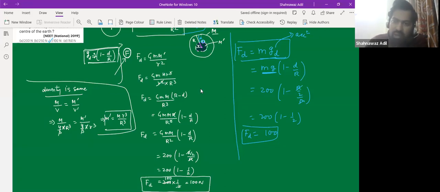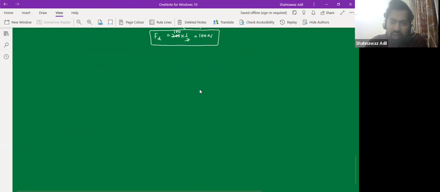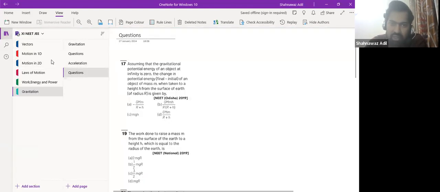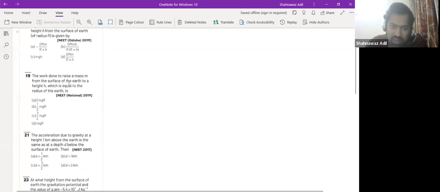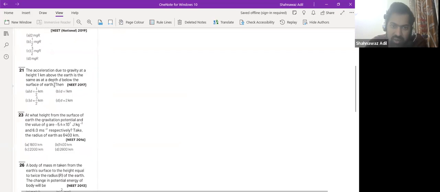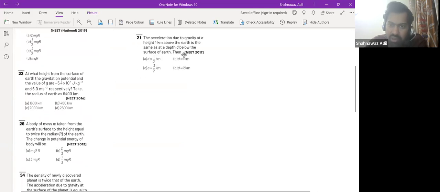Okay, now let us try a different kind of question. Let me see if we have gravitational potential energy, gravitational acceleration at the surface of the Earth.